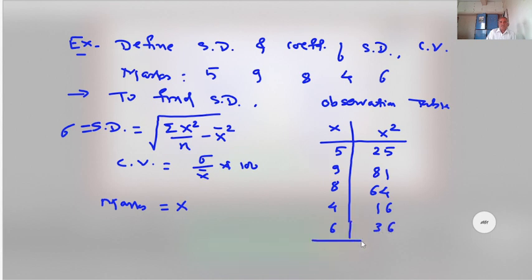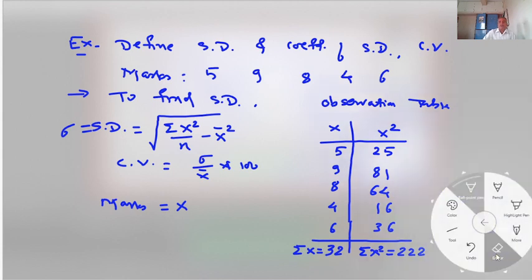Now see the formula: we want the sum of x square and the sum of x. Summation x, if we take the sum of these observations, is 32, and summation x square is 222. So we substitute these in the formula. Here we first compute the mean and then the standard deviation.